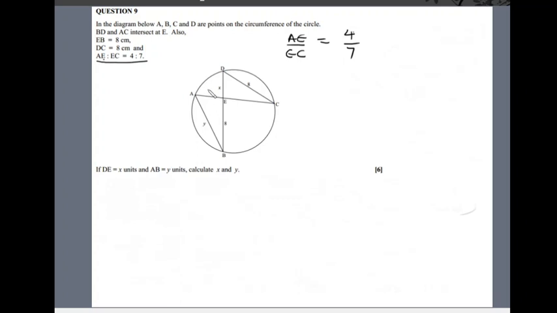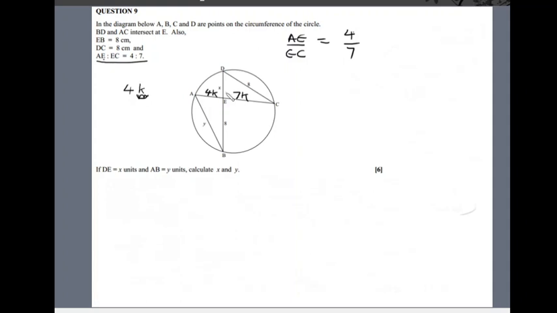If you say that factor is P, for example, or K, then AE will be 4K units and EC will be 7K units, right? This says that 4 is not the length of AE. 4k can be the length of AE. So if you know that factor k, you'll be able to calculate the length of AE precisely. But here you are only given a ratio. It's not length. I hope it makes sense.